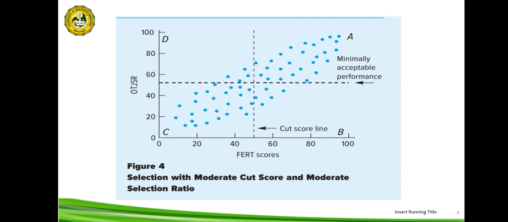Further, it does this while retaining many of the applicants who will receive acceptable performance rating. With a first cut score at 48, the base rate increases quite a bit from 0.50 to 0.839. So this means that about 84% of the hired drivers will be rated as qualified when the first cut score is set to 48 for driver selection.